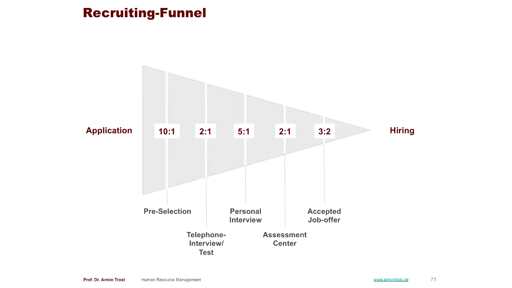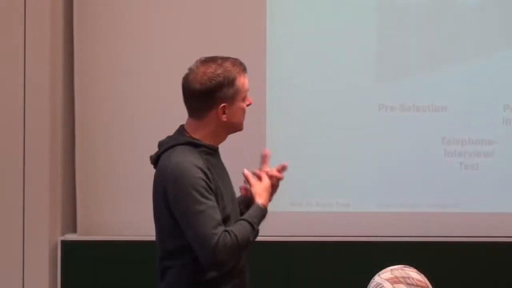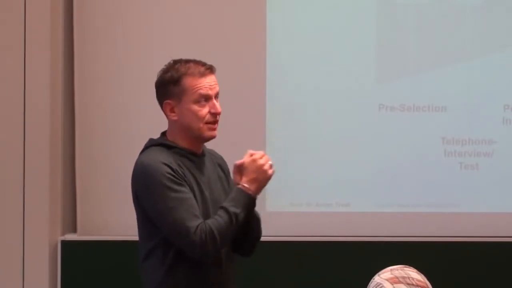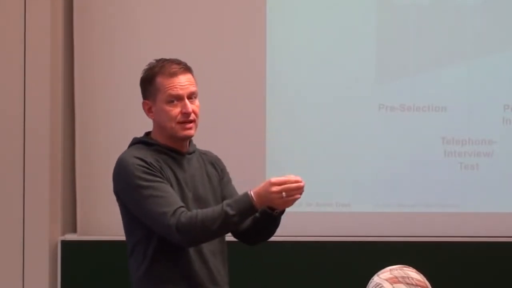You can now calculate how many applicants you need at the beginning to have one single applicant who takes the offer. And that again is the problem we already talked about. For critical positions, companies don't get so many applications that they really can select through the process. So at the end they have the one single perfect candidate.